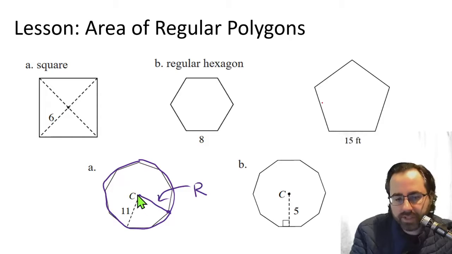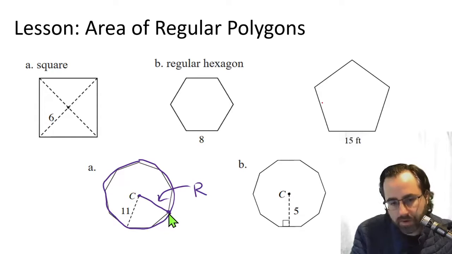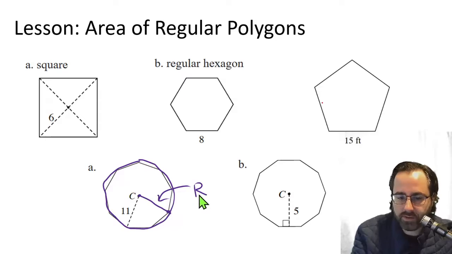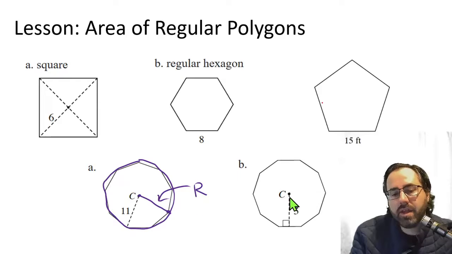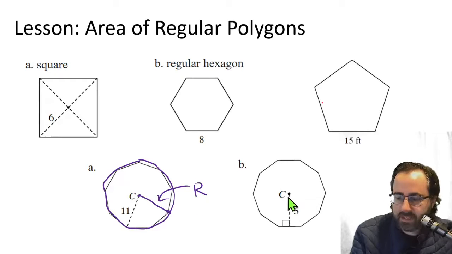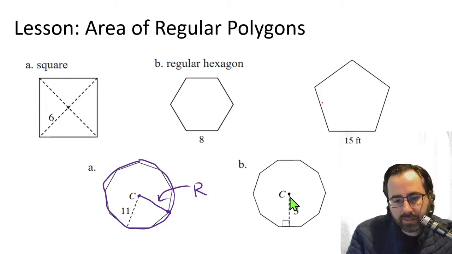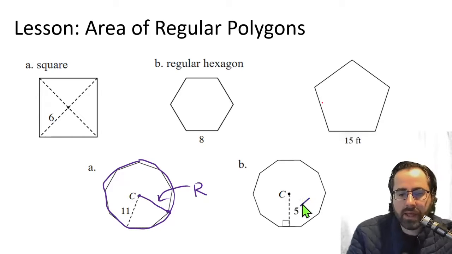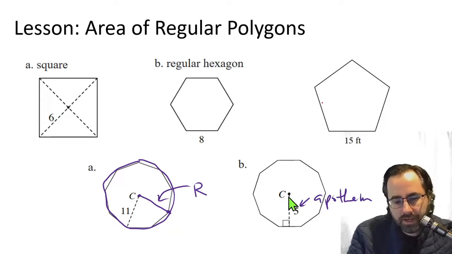So when you go from the center to a point on the corner, which is called a vertex, you find that you have the radius. And then here, we're not given the radius in this decagon. We're given something that's called the apothem. And let me tell you why that's called the apothem. When you start at the center and go to the very middle of a side, notice how this line is not going to a corner, but it's going to the middle of a side.